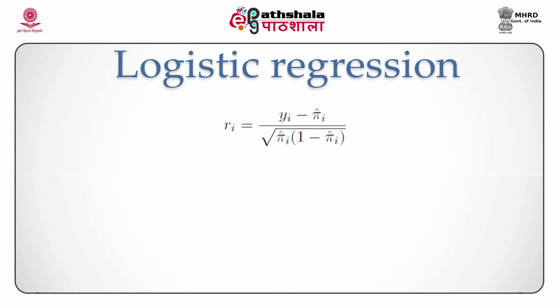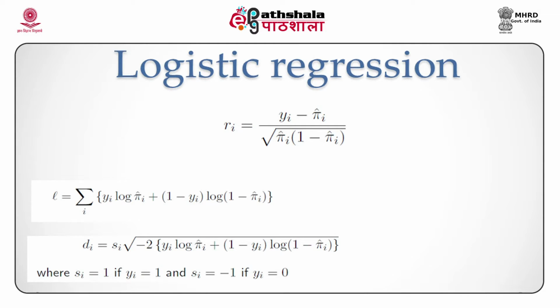In this case, the log likelihood is given by L equal to summation over i of y_i log pi_i hat plus 1 minus y_i into log 1 minus pi_i hat, and hence the deviance residual is given by d_i equal to s_i into root over minus 2 times y_i log pi_i hat plus 1 minus y_i into log 1 minus pi_i hat, where s_i is equal to 1 if y_i equal to 1 and s_i equal to minus 1 if y_i is equal to 0.